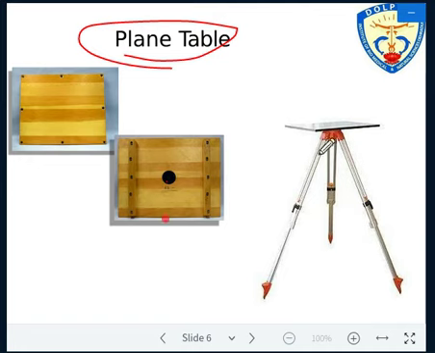Since this hole is there, you can rotate it in any direction, because when you are doing field exercise on the ground the object may be in any direction. There is one clamp that fixes the plane table on a vertical axis, so you can rotate it when you are conducting plane table surveying, right? So this is the plane table.